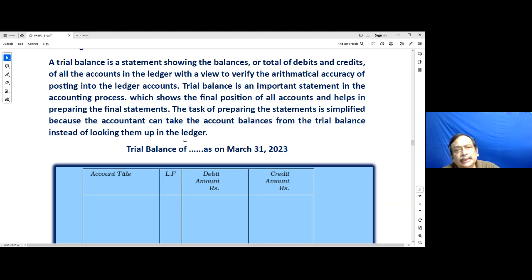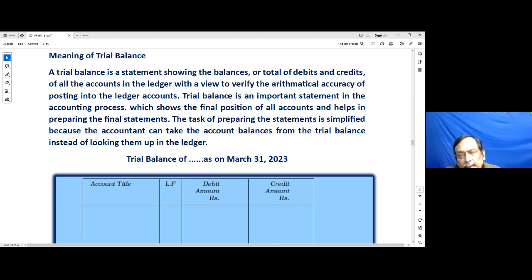A trial balance is a statement showing the balances or total of debits and credits of all the accounts in the ledger with a view to verify the arithmetical accuracy of posting into the ledger accounts.